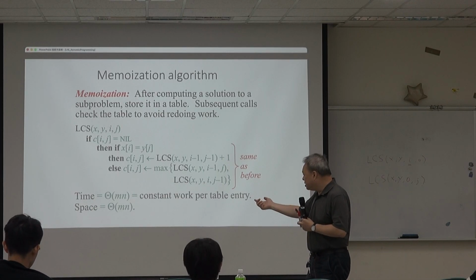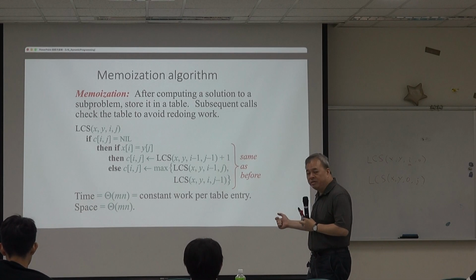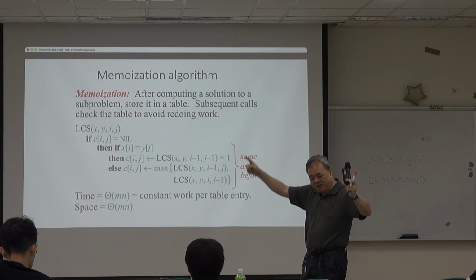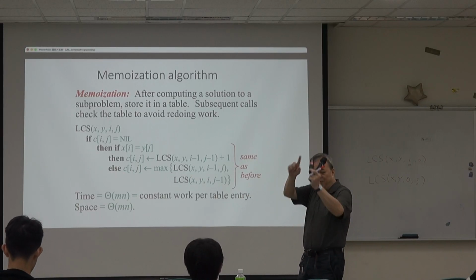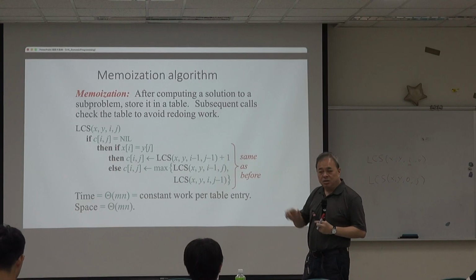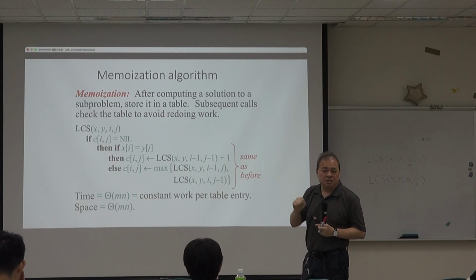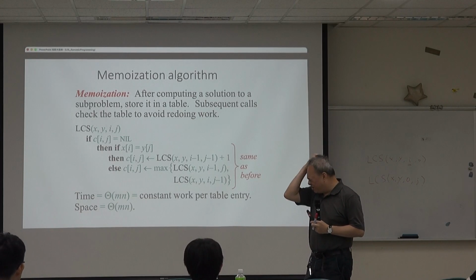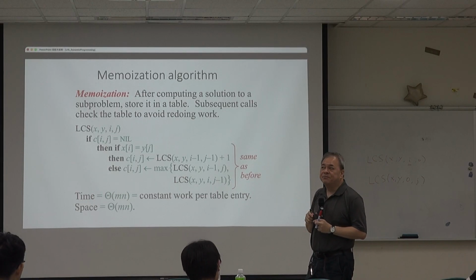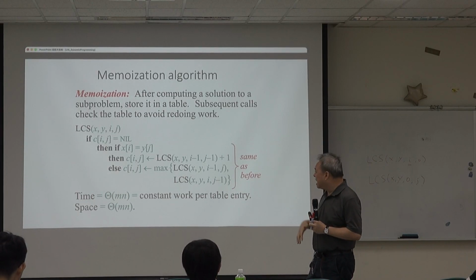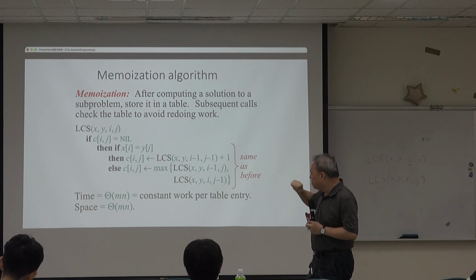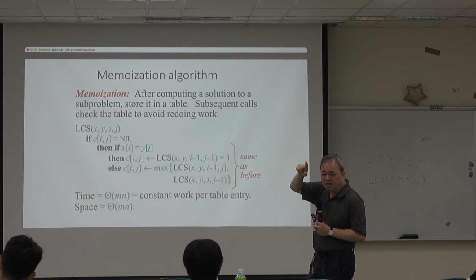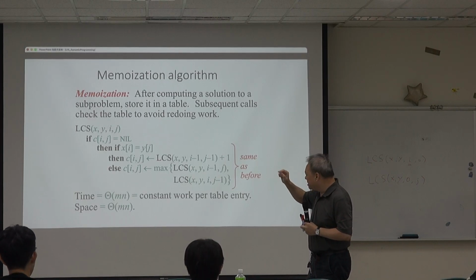So the space required is also theta n squared because you need that table, right? The table is of size n by n, and each entry initially is given an empty value.